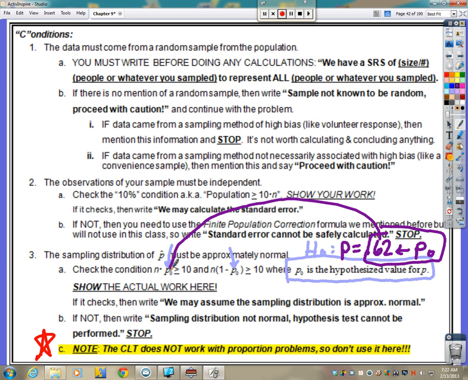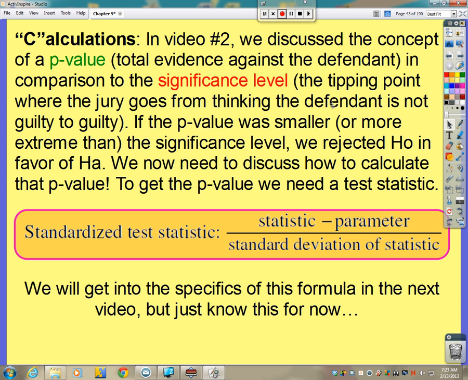That's the number you're going to put in to both of these spots. So it's whatever you're testing that you plug in for the n times p and n times 1 minus p, not what you get from your sample. That is your p hat, and we're not going to use that. So that's really just the one main difference here with the conditions.